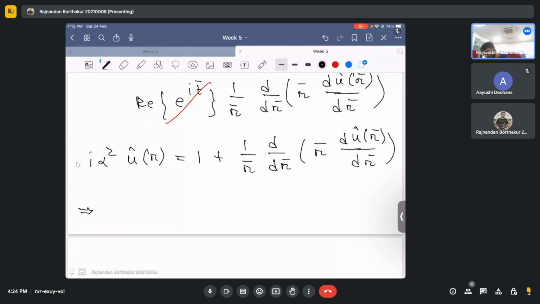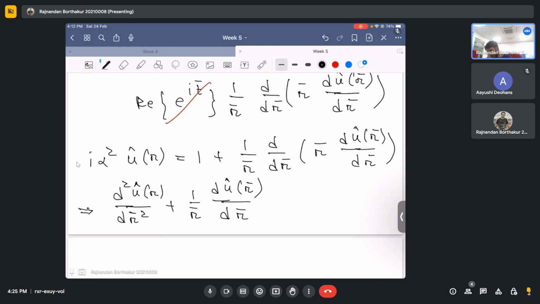This term becomes d2 u hat of r bar by dr bar square. What you do is you just apply the chain rule here. And the second term will become 1 by r bar times du hat of r bar by dr bar.